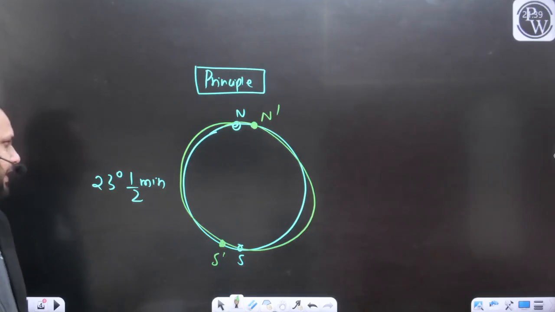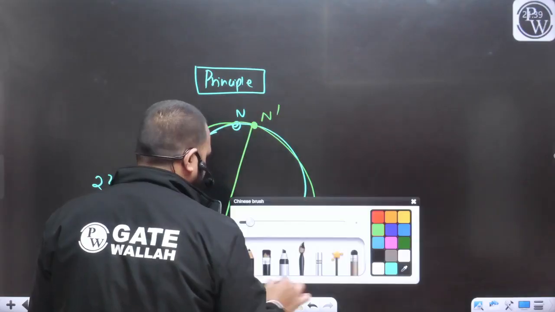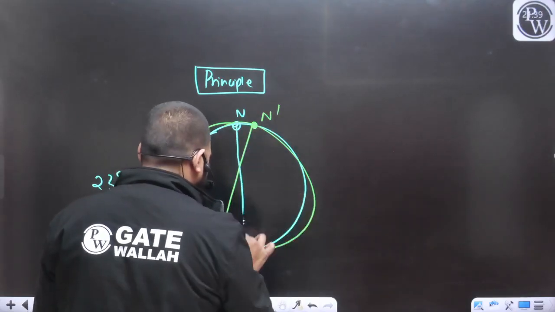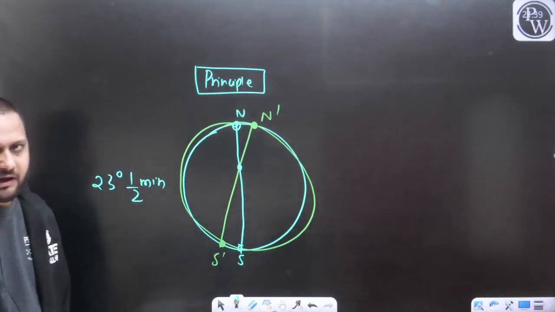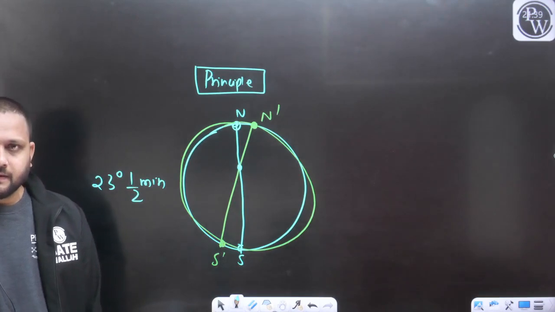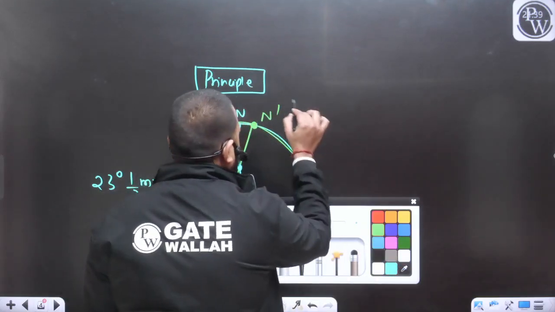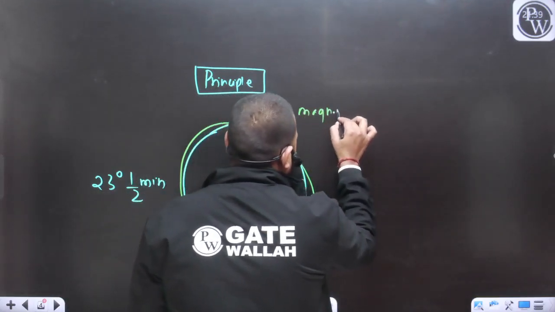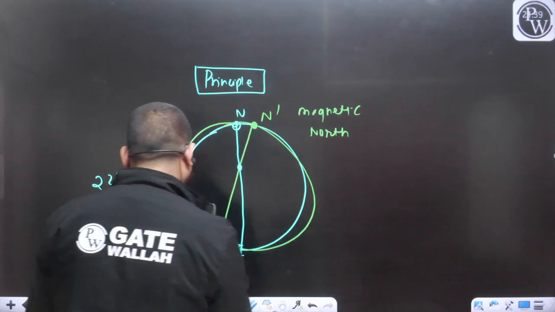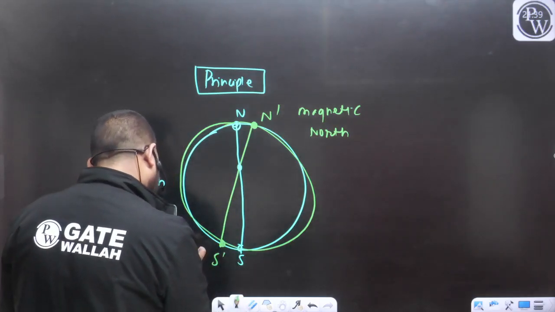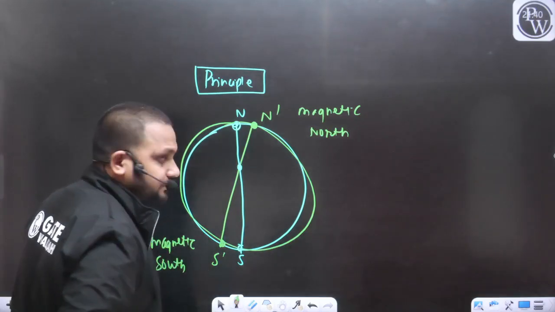Due to this tilt angle, we get one more north and one more south, and that north and that south we consider as the magnetic north and magnetic south.